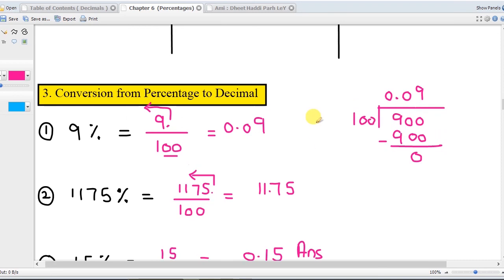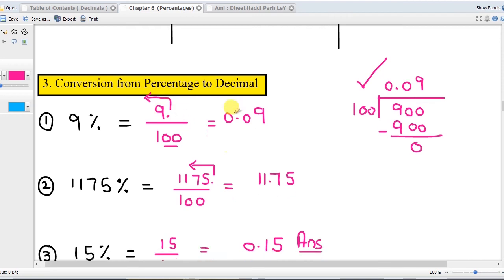Now it is up to you whether you solve it using the conventional division method, or recall that rule of shifting the decimal point either in a right or a left direction. If you are dividing, you have to move it towards the left direction. If you are multiplying, you have to move your decimal point towards the right direction, right?